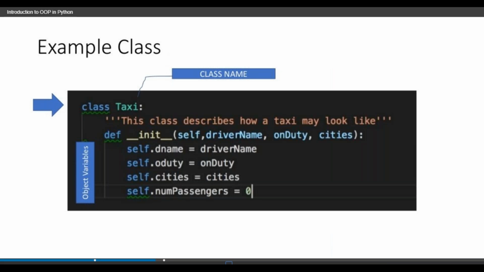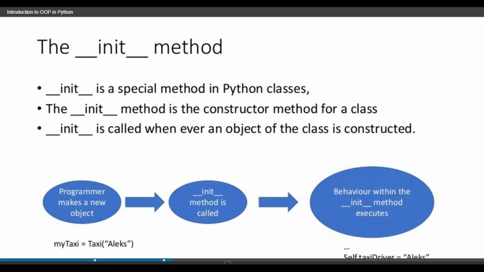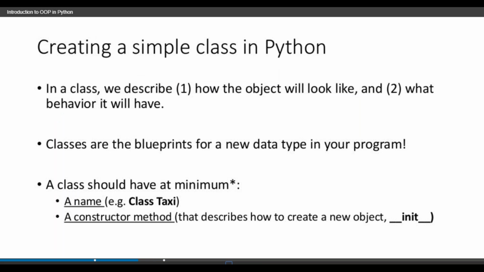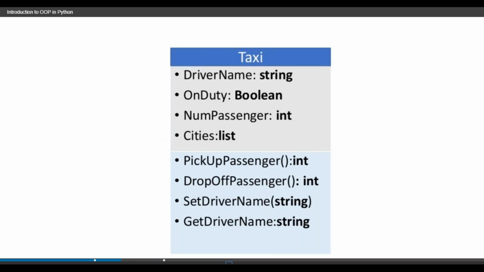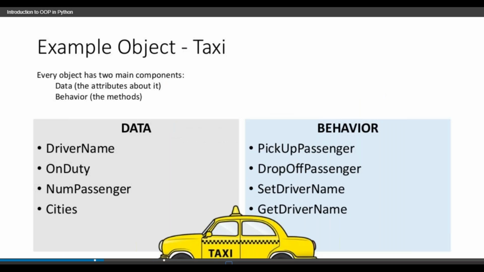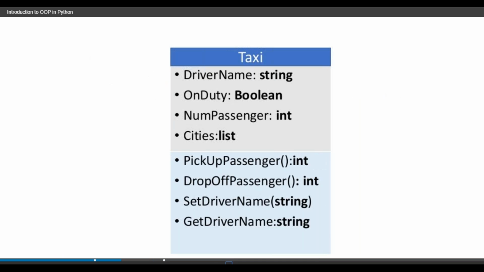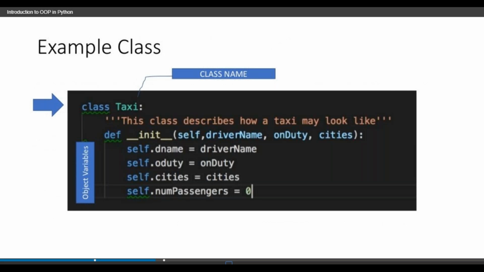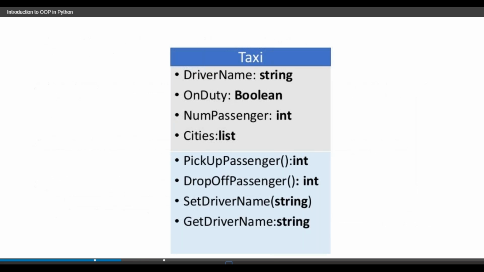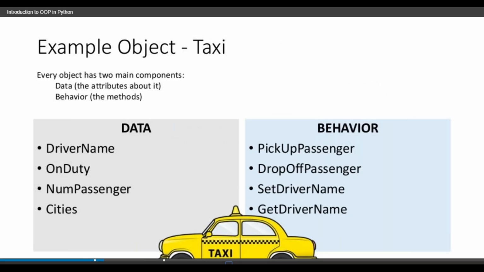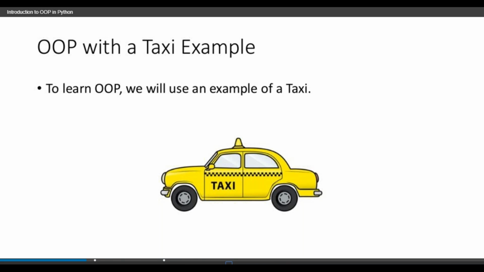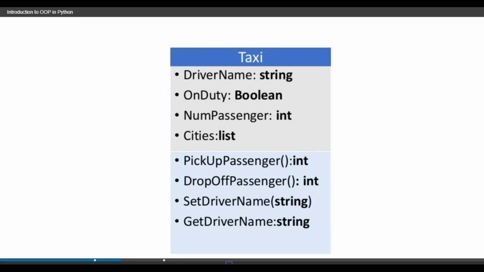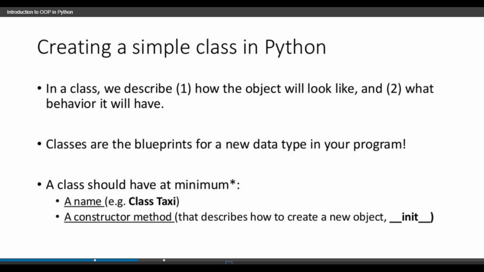Okay, like just the previous example. Where have I missed in this? Okay. Then creating a simple class in Python. In a class we describe how one object should look.